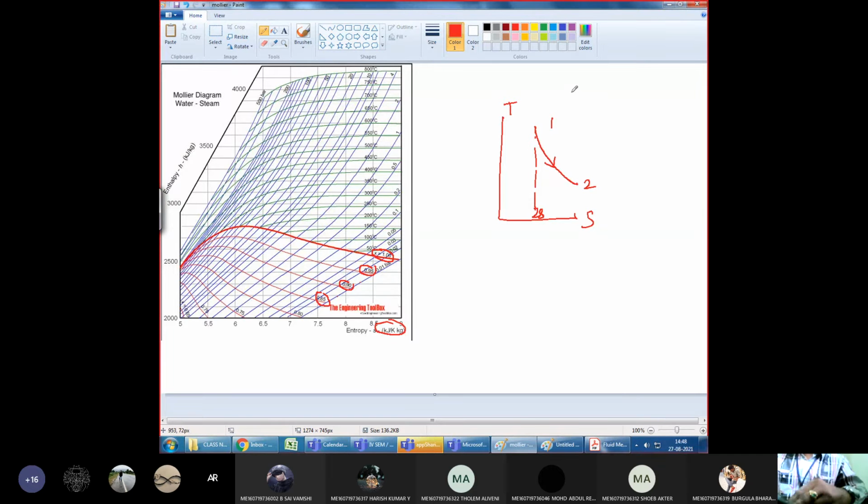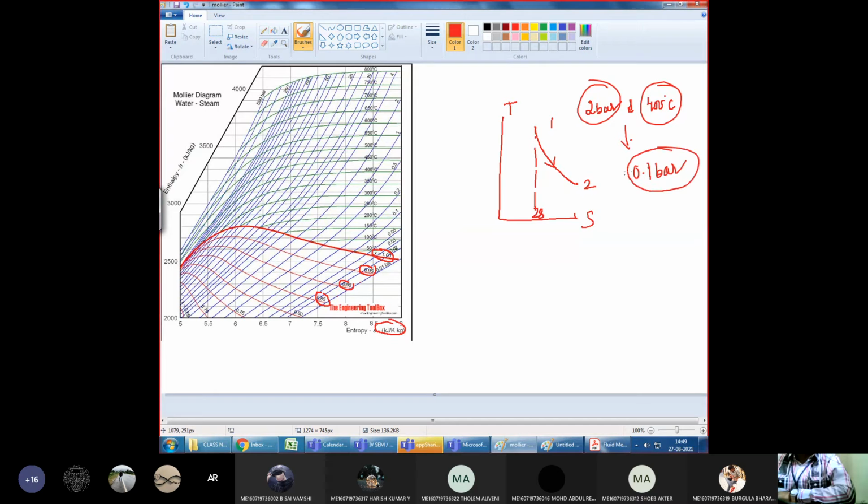Let us say in the problem the data is given like this. Steam at an inlet condition of 2 bar and 400 degrees centigrade is expanded isentropically in a nozzle to 0.1 bar.